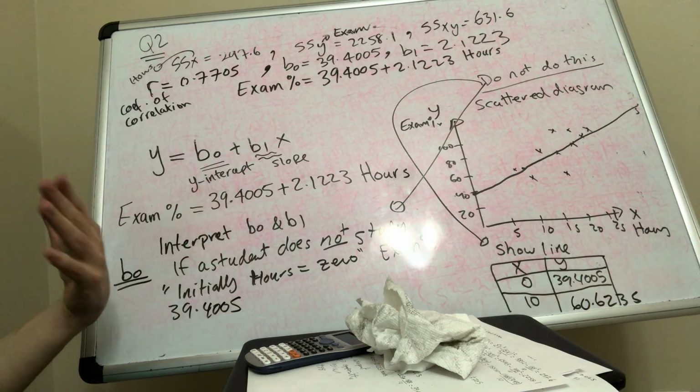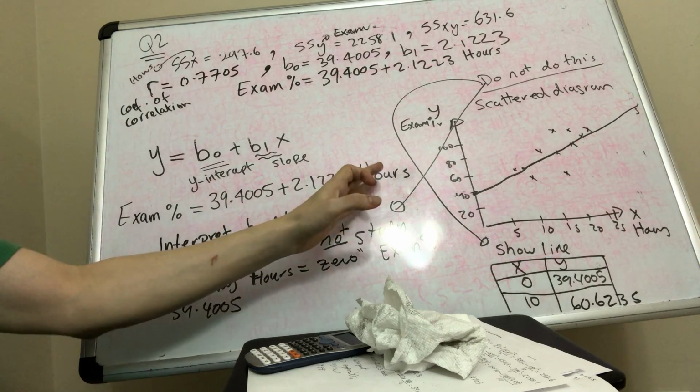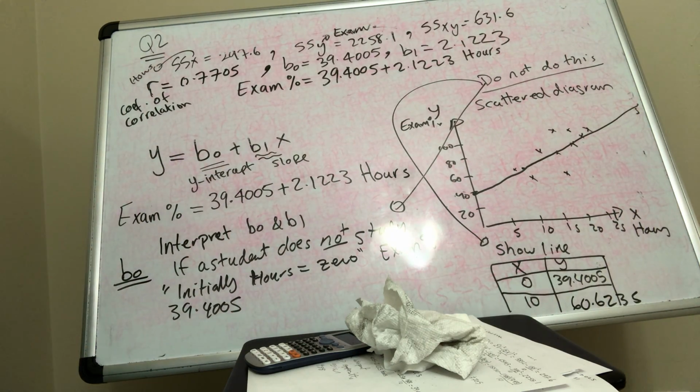So we consider this the start of life, because anything starts from 0. So when this is 0, the exam percentage is 39.